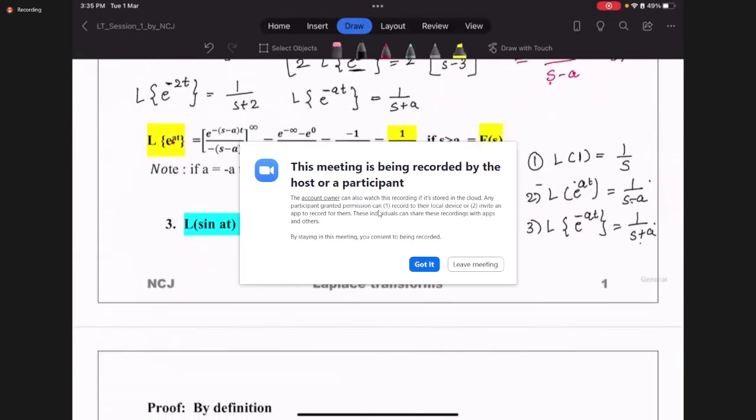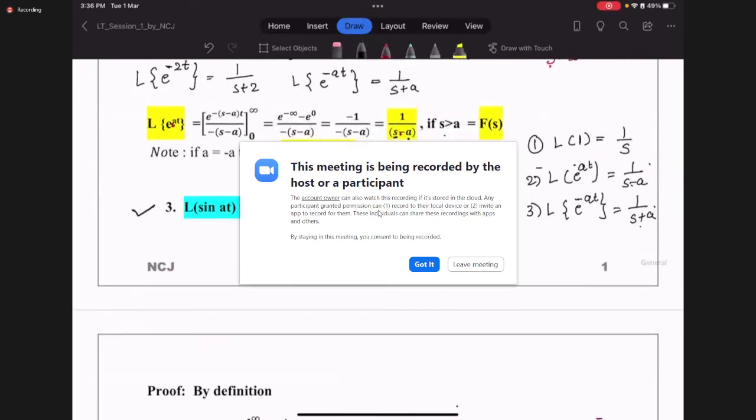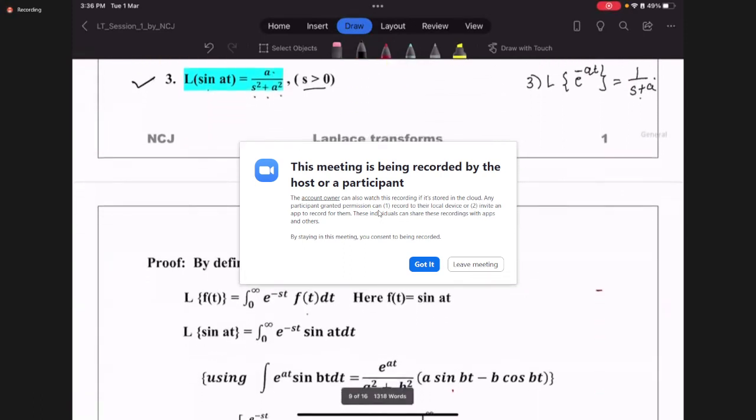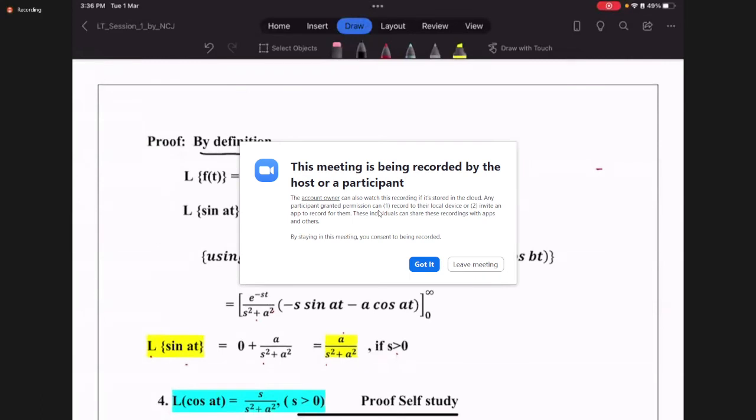Fine. Same like that, we can find Laplace of sin at, which is a upon s square plus a square, s greater than 0. Now again, using the definition of Laplace, wherever there is f(t), write down sin at. And you know very well the standard formula for integration of e raised to at sin bt dt.